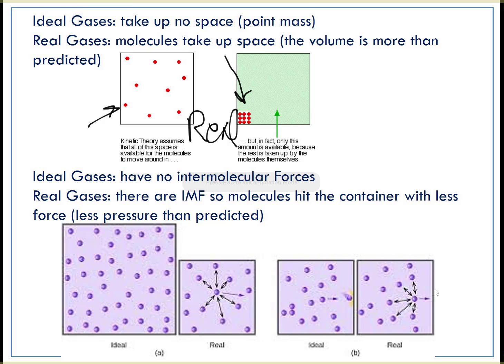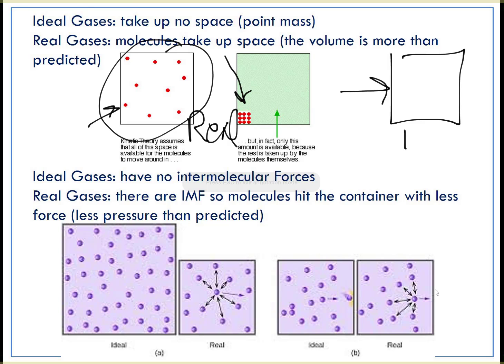Some of the volume does get used up by the space that the atoms or molecules take up. So as a result, when we try to predict the volume for real gases, the volume is more than predicted. Let's look at an ideal gas in this situation. If you were to try to condense the molecules down, remember in an ideal gas, you're not going to have any volume. So it's essentially empty. So again, ideal gases are imaginary.